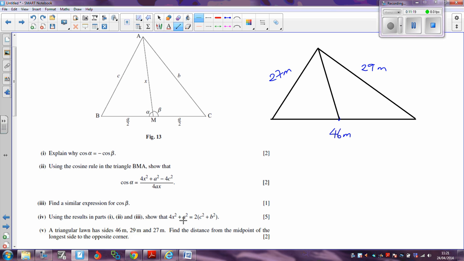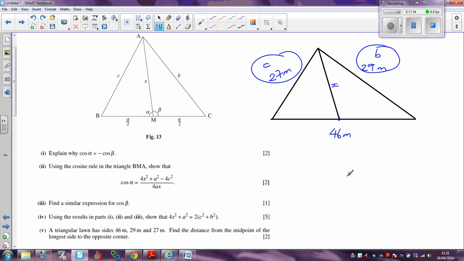Now we have just proved in part 4 that 4x squared, now in fact x, if we look at our original diagram here, x is the distance that we want. And in this case, we can see that actually C is 27, B is 29, and A is actually 46. So that is A, because A over 2 is each of these.